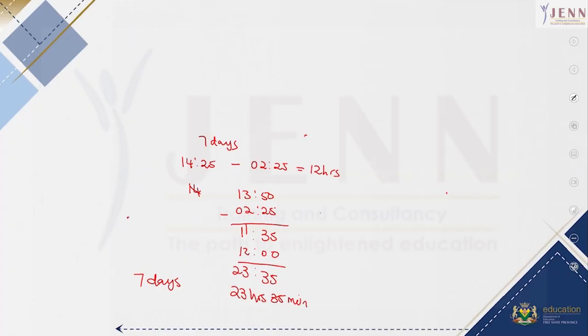Hence, I'm saying 7 full days will be from Friday 2 in the afternoon to the following Friday, 2 in the afternoon. But from 2 on Friday to 10 to 2 on Saturday the following day, it cannot be a full day. That's why I'm subtracting here.